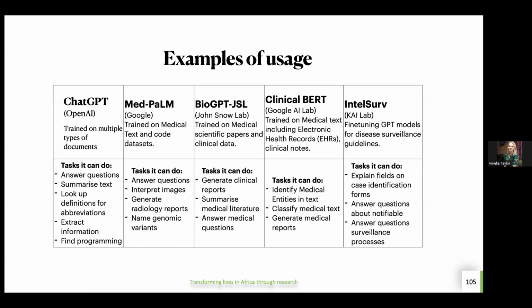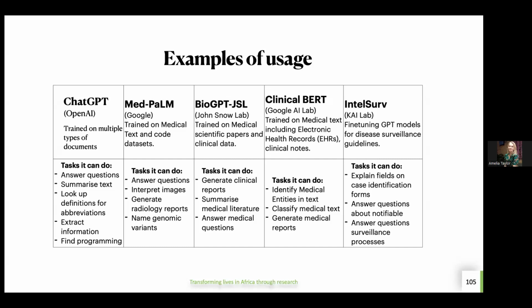And I hope people don't think I'm being obnoxious here, but I've added the tool that I've been involved in. We developed a tool based on large language models to answer questions on disease surveillance for community health workers in Malawi.